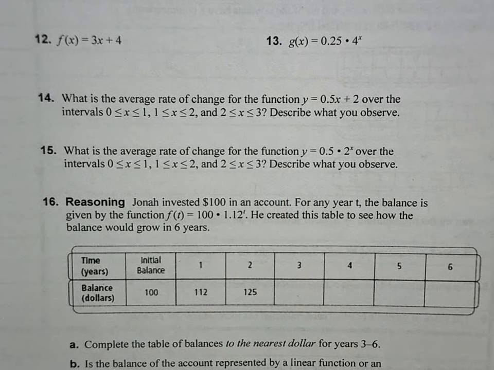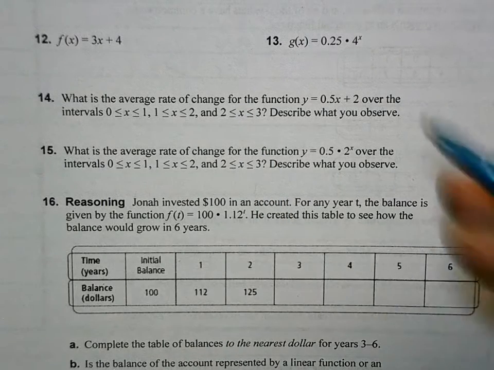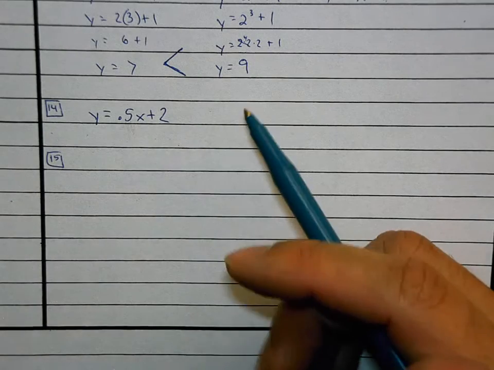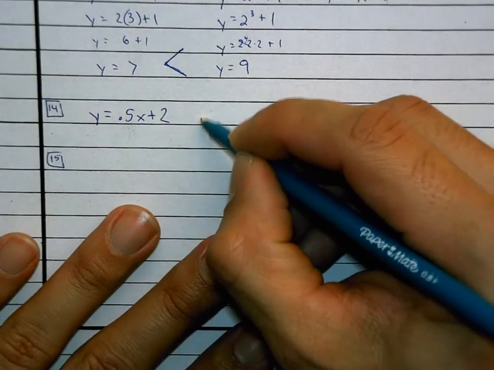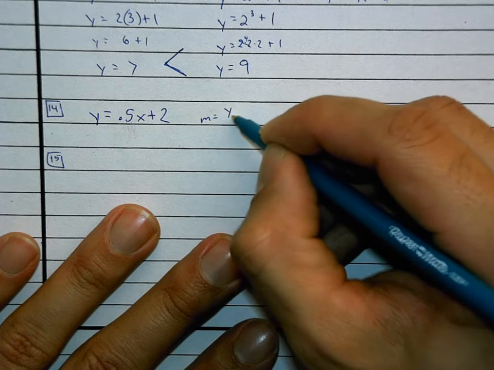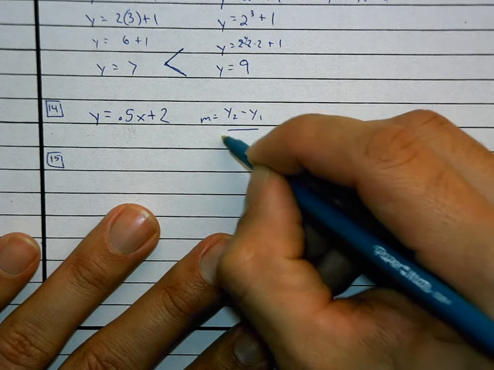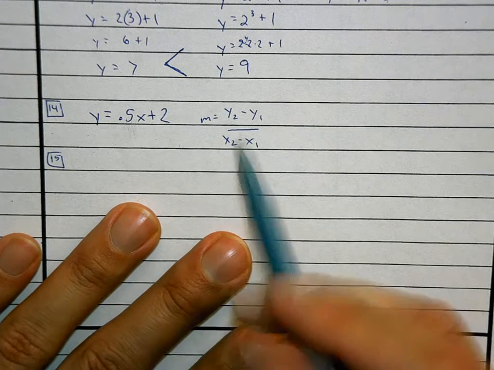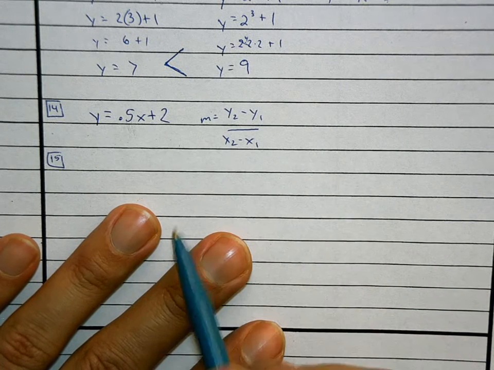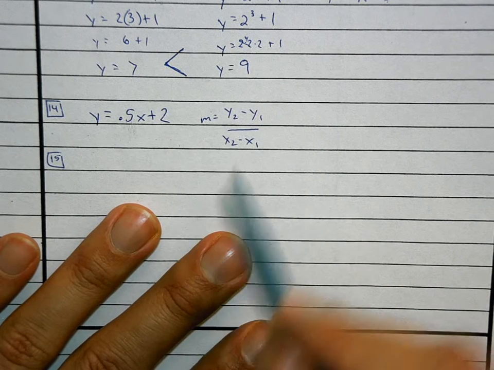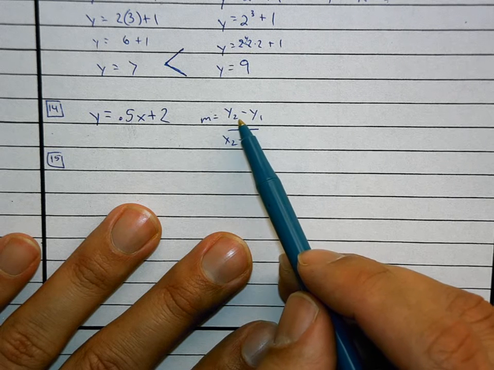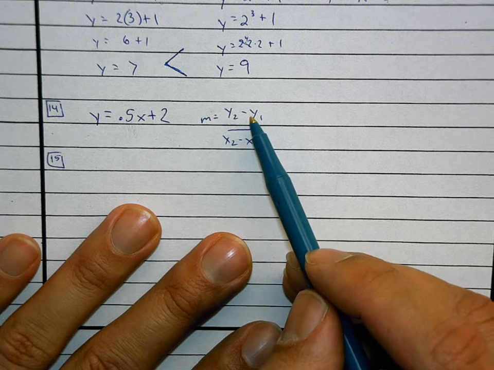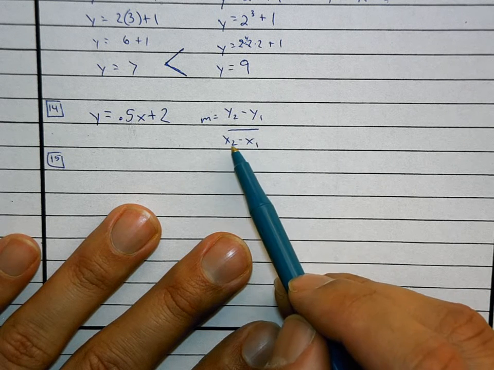So I need to remind you of how to find the average rate of change. We've done it before, but maybe you didn't quite get it last time that we talked about it. If I want to find the average rate of change, I have to use a formula that looks like this: y2 minus y1 over x2 minus x1.